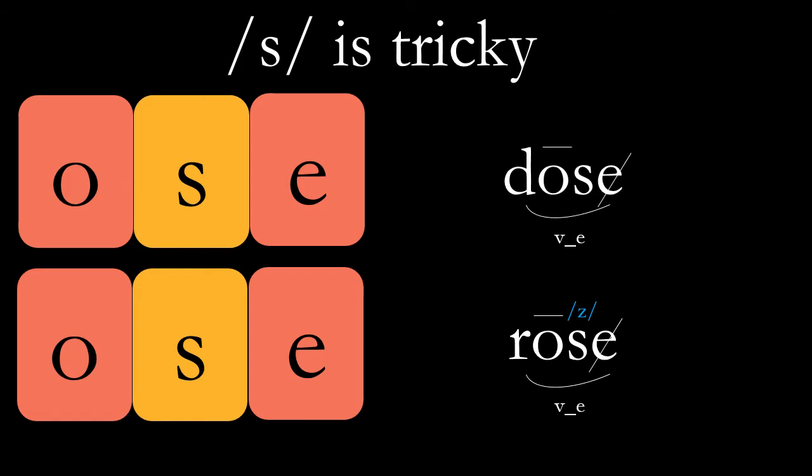Okay, but we still have the problem of the S. When we mark it, how can we show that the S is making a Z sound? Ready? That's it. That's all you do. So if you have a word where the S is making a Z sound between two vowels, like it is here, just put a little Z above it. And that's it. And then you're all set. That didn't hurt, did it?